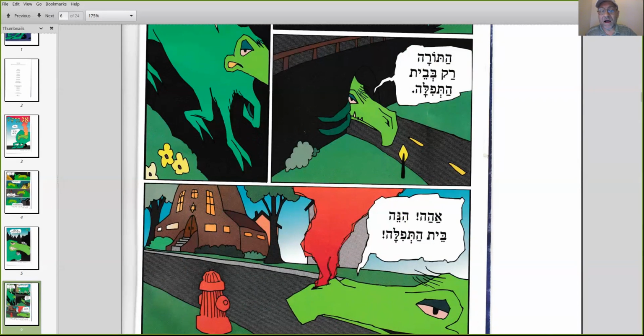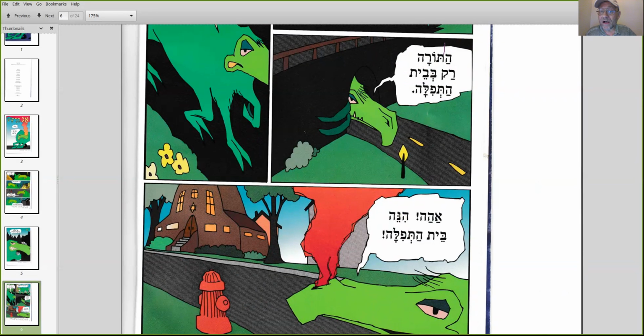And here is Og coming in through a bridge, it looks like. I don't know how he even fits through that little hole, but here is what he's saying. Ha-Torah rak baveit ha-tefillah. Here it is again. Ha-Torah rak baveit ha-tefillah. Okay, so what is he saying?